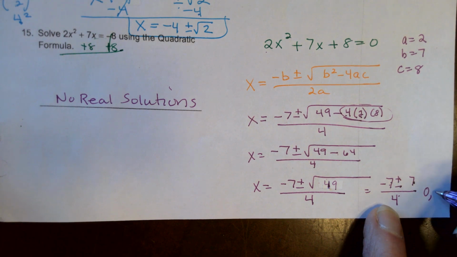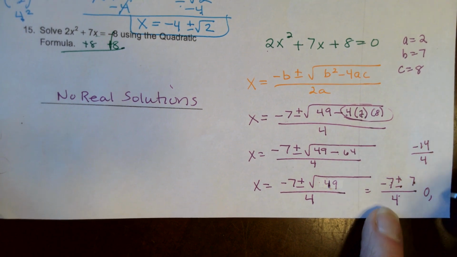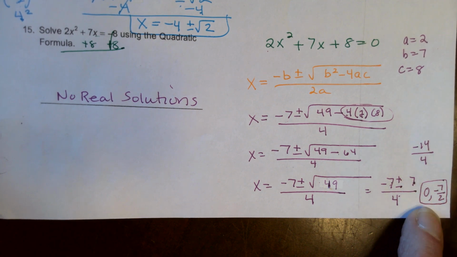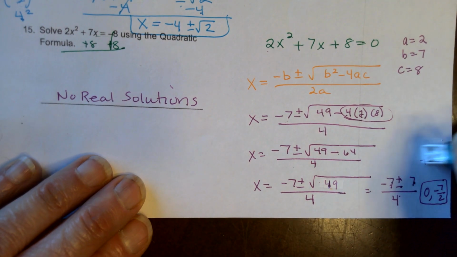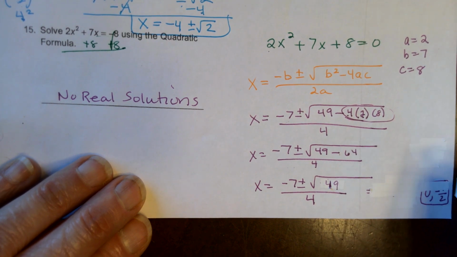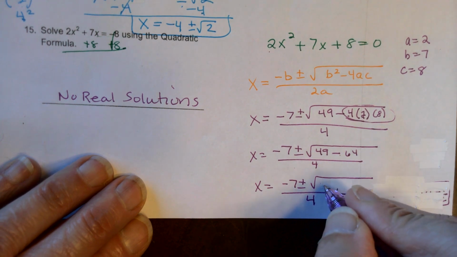That's a negative 14 over 4. That's a negative 7 over 2. And you can just leave it like that. Those would be your solutions. Okay, so it does depend on what is in there. I don't want to leave this with the wrong information for the problem. So I'm going to get rid of that. And that is a negative 15.